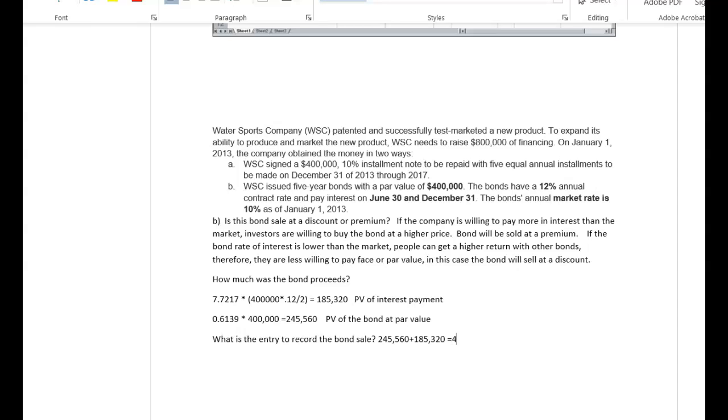It gets me 430,880. And as you can see, this 430,880 is higher than the par value of the bond.